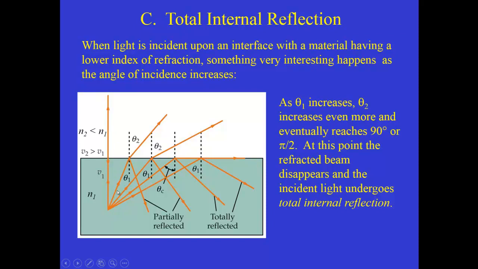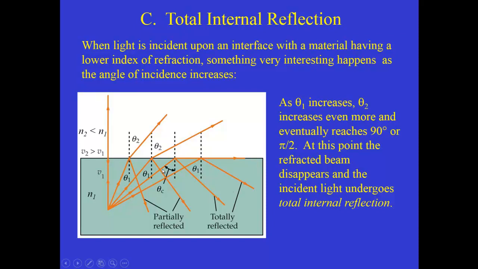So you can see that as theta 1 gets larger and larger, theta 2 gets larger and larger as well. And eventually we will get to an angle where, using Snell's law, theta 1 gets to a point where theta 2 has to reach 90 degrees, or pi over 2. And what happens at that point is the refracted beam disappears, because if you tried to solve for theta 2 beyond that point, you wouldn't get a real answer.